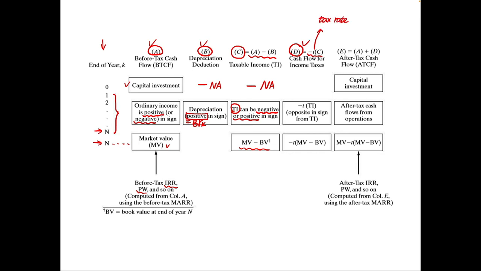So use the tax rate times whatever you have in column C, and then give it a negative sign. That is what you have for every year.